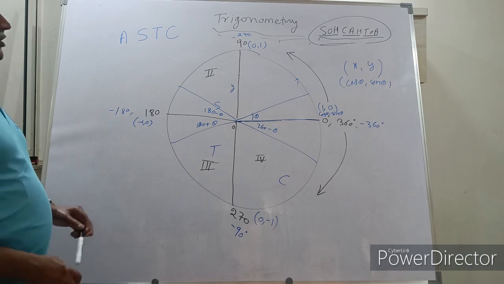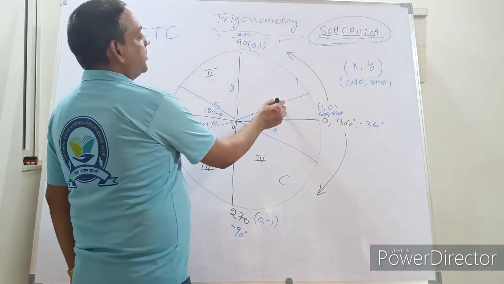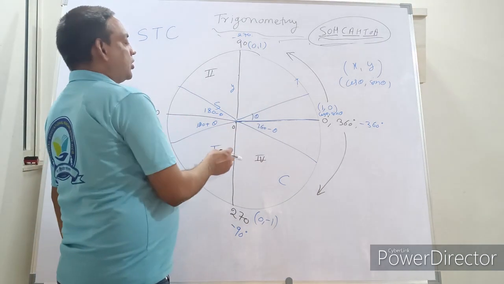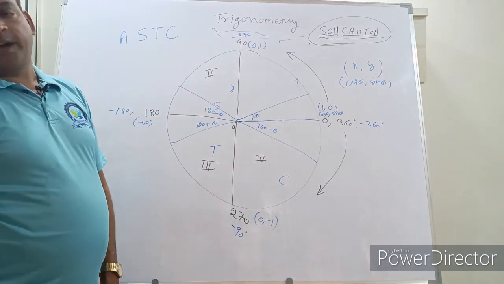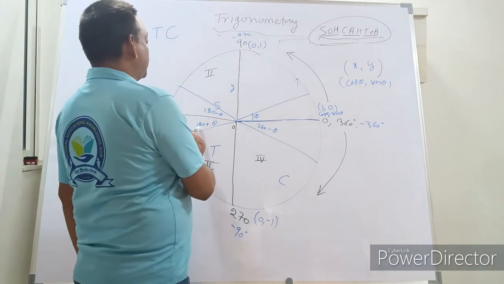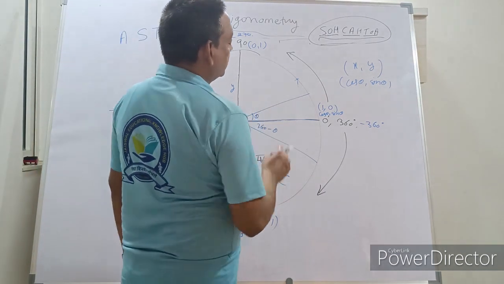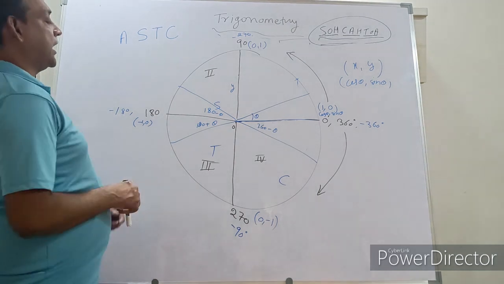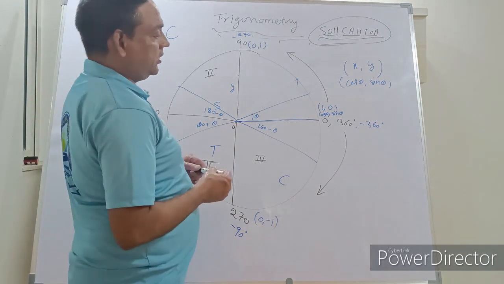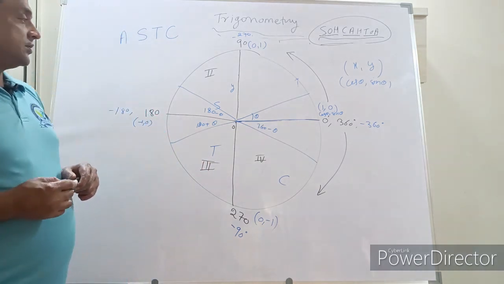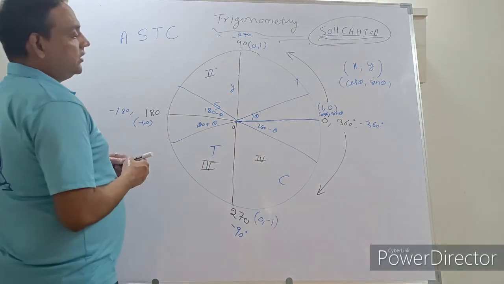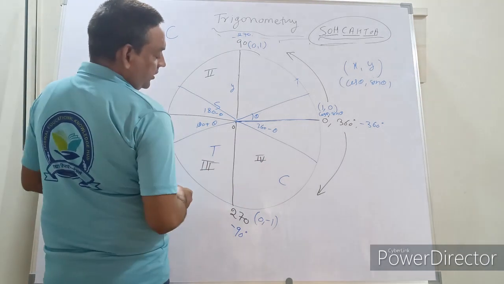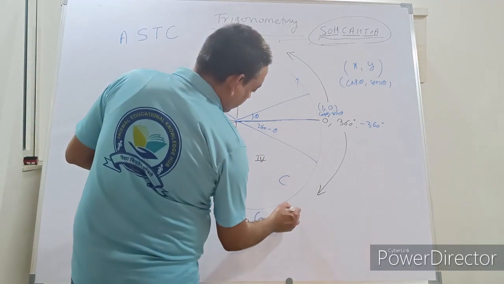Now how to solve this type of sum, where we use this base angle? The first thing you have to remember: whatever base angle comes lies in the first quadrant. Second quadrant, 180 minus base angle, third, 180 plus base angle, fourth, 360 minus base angle. Same way, that is for 0 to 360 degrees. If it is 0 to minus 360 degrees, then 0 to minus 90, it will be minus base angle.